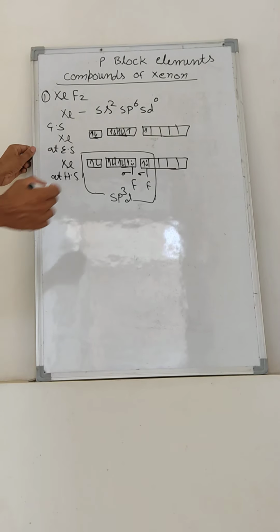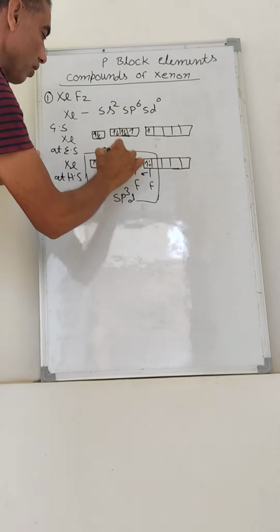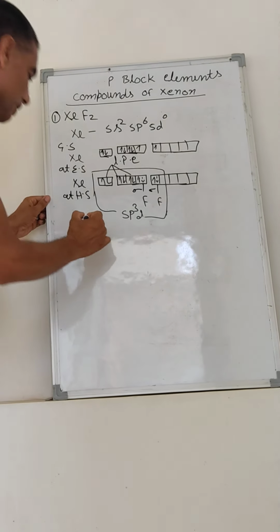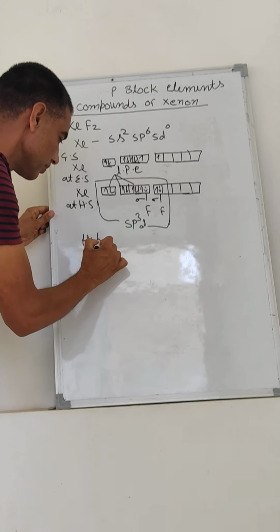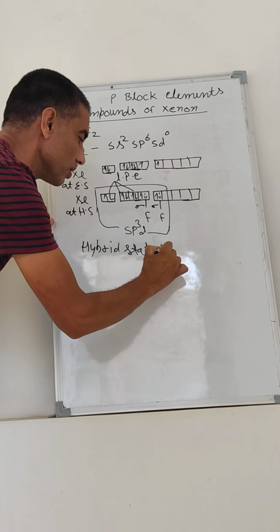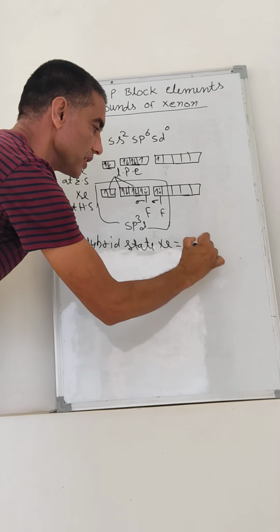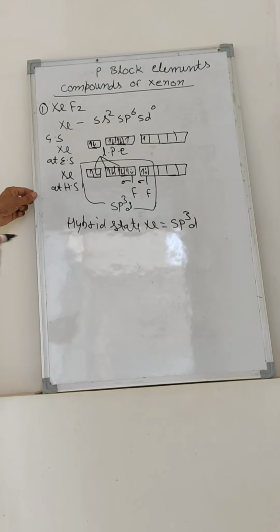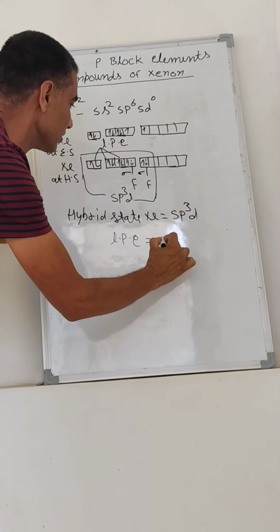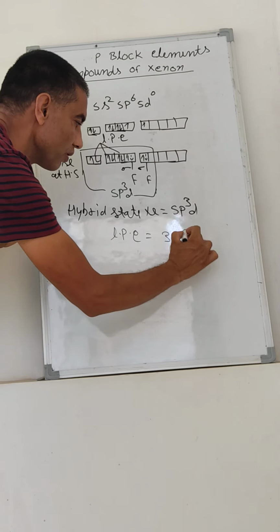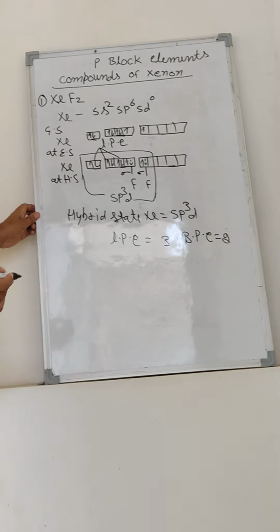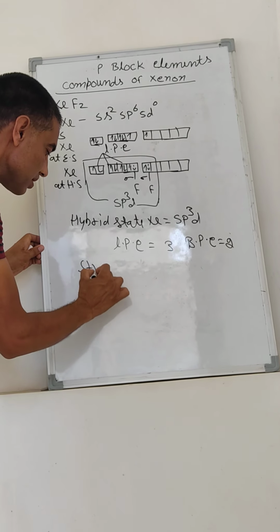3 hybrid orbitals are occupied by lone pairs of electrons. So the hybrid state of xenon is sp3d, the lone pairs of electrons equal 3 and the bond pairs of electrons equal 2.